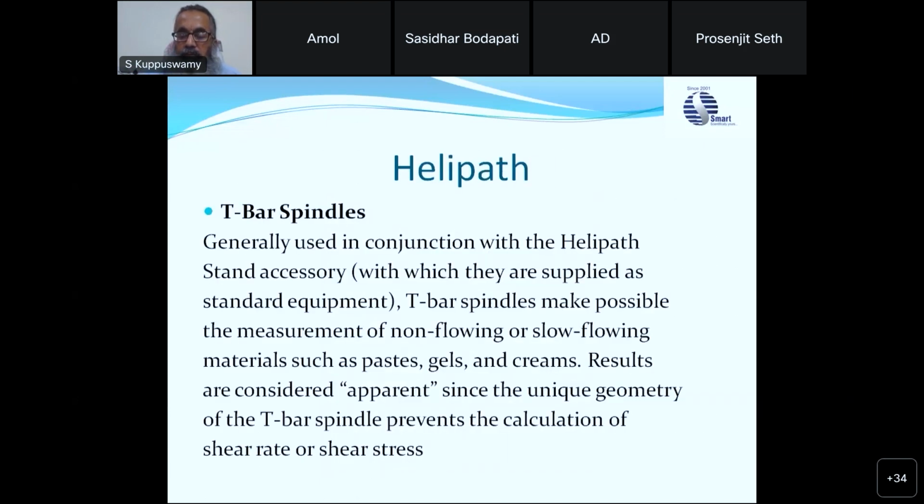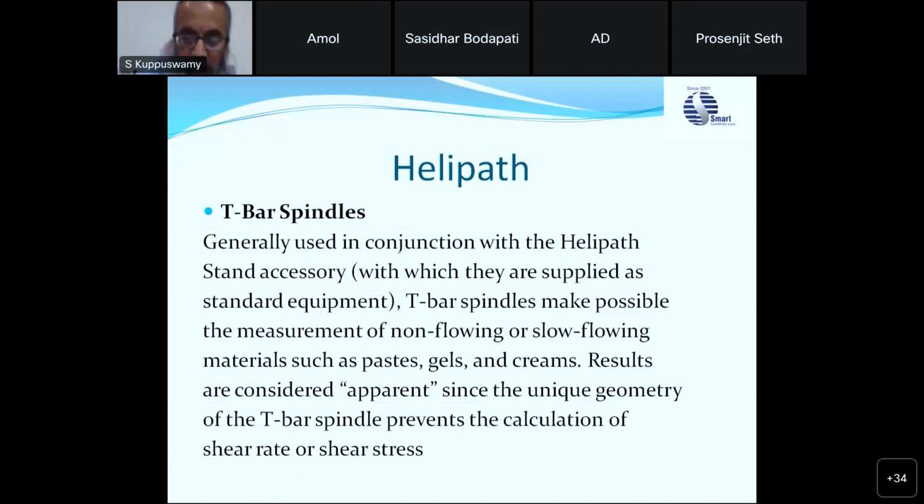Then there is the helipath stand with T-bar spindles, which is also an accessory. These are normally used when making measurements of non-flowing or slow-flowing materials such as pastes, gels, and creams. Since these are hard gels, hard pastes, and creams, when a regular spindle is dipped into the sample, it forms a channel.